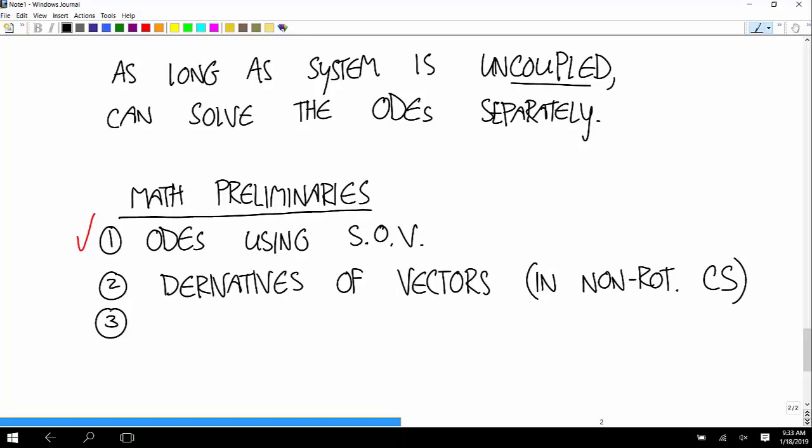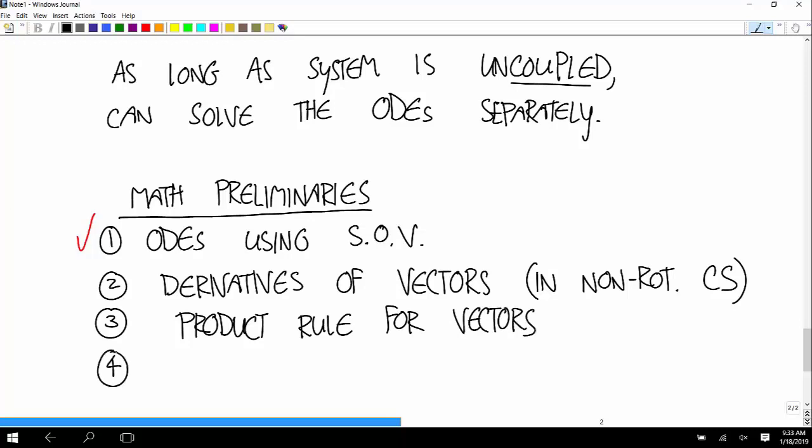And then we're going on to product rule for vectors. And then chain rule for vectors.